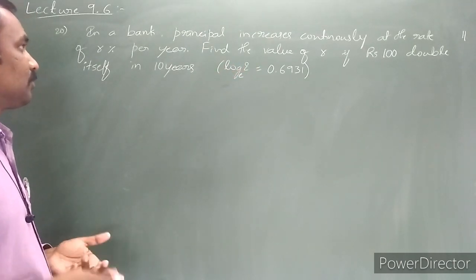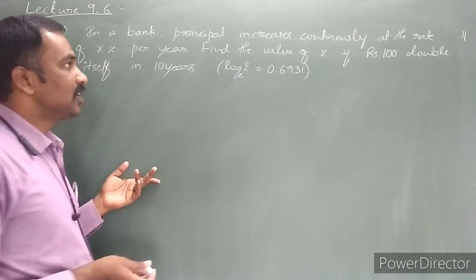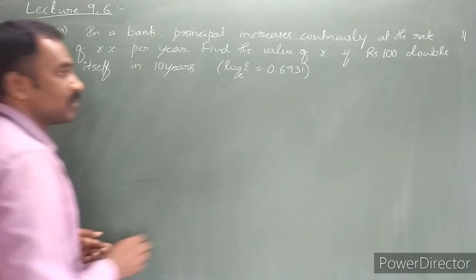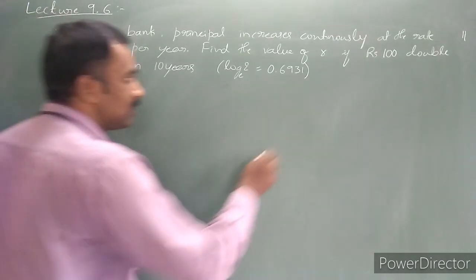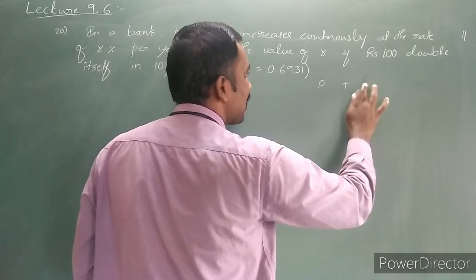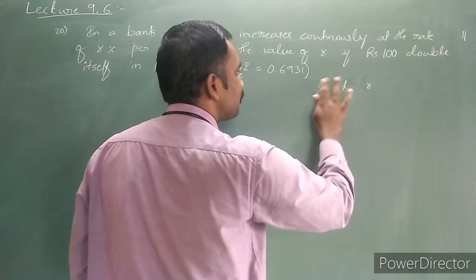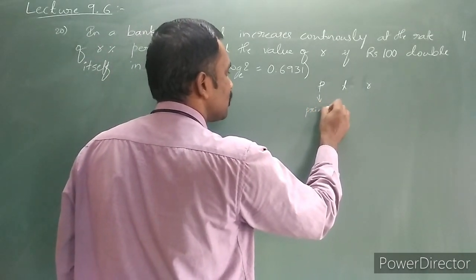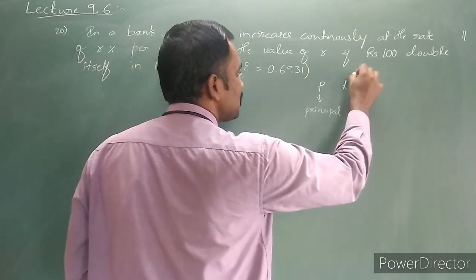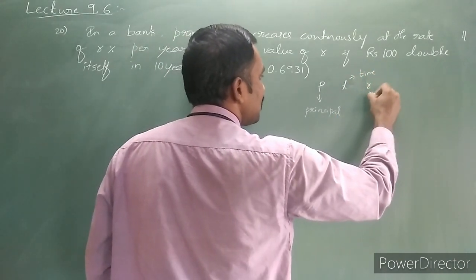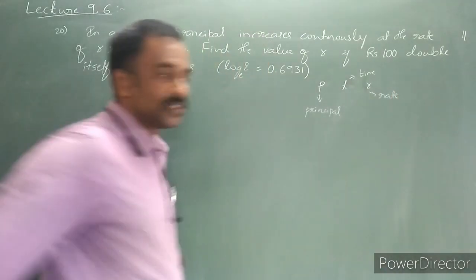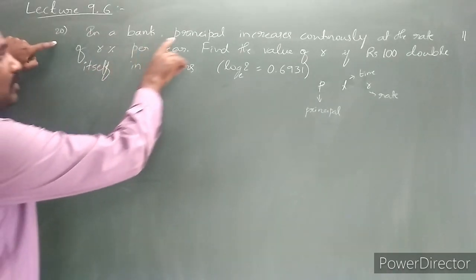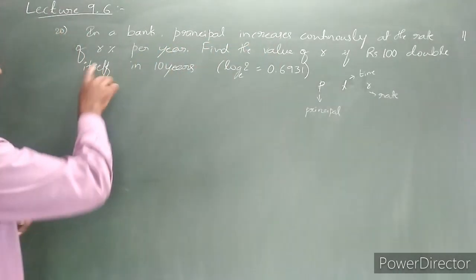Okay. So principal, this type of problem people have already solved previously. The bank principal amount is that. So principal, I think you already know PTR. What is the PTR? P is nothing but the principal amount, T is nothing but time, and R is nothing but the rate of interest. So in that manner, here I consider a principal that increases continuously at the rate of r%.